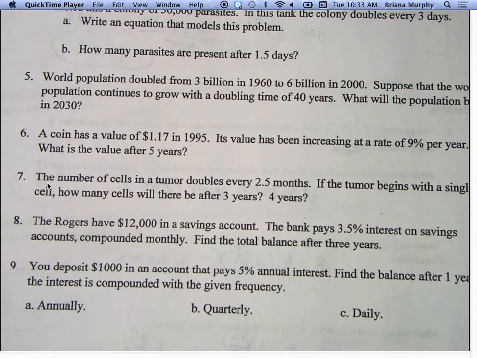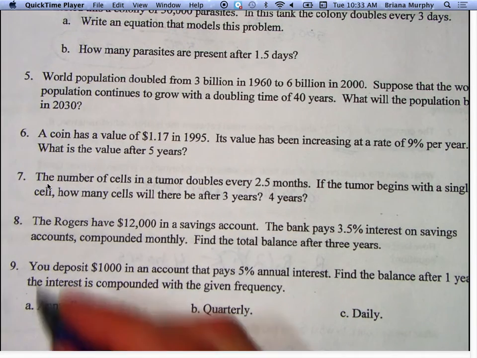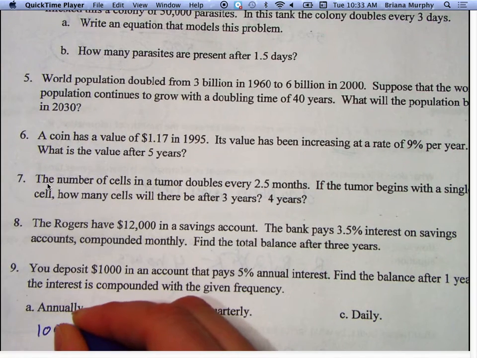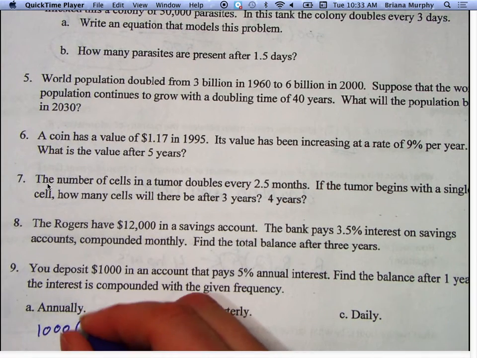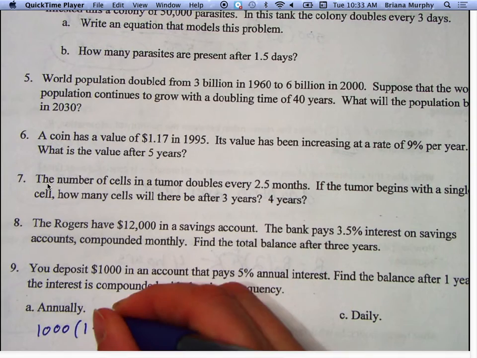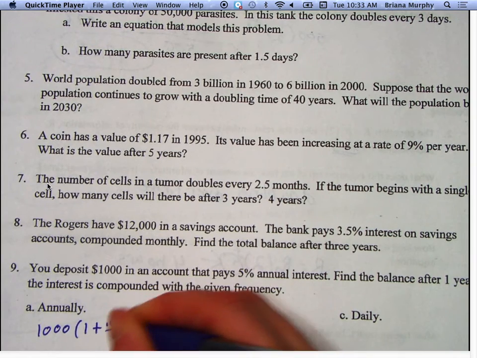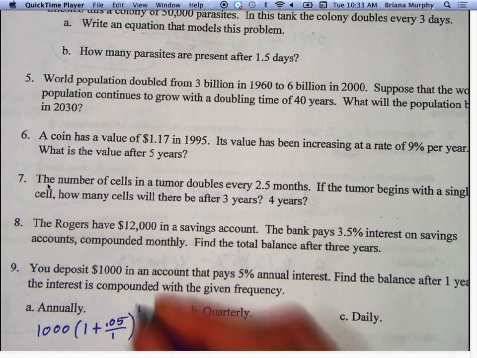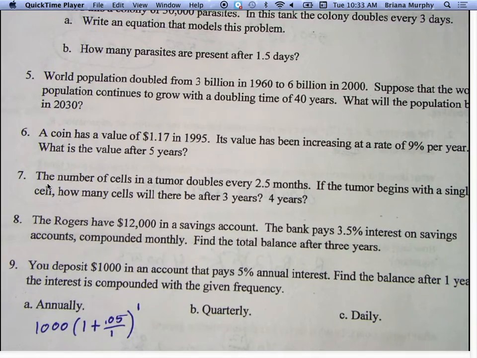You just deposit $1,000 in an account that pays 5% annual interest. Find the balance after 1 year if the interest is compounded with a given frequency. So we have 1,000 is my initial amount, times 1 plus 0.05 divided by 1 to the 1, right, if it's annually. How would this change if it's quarterly?